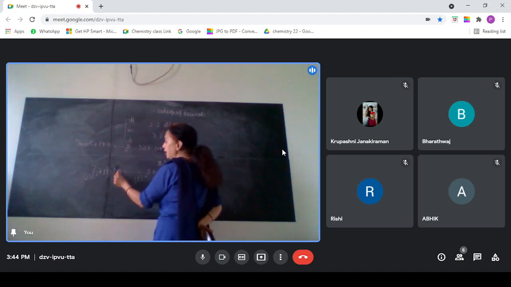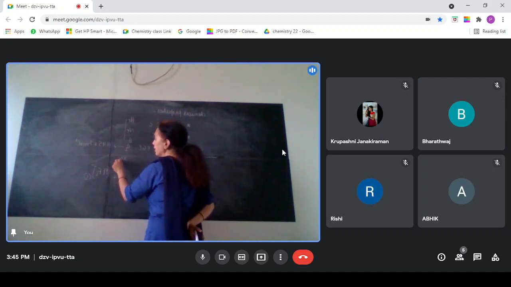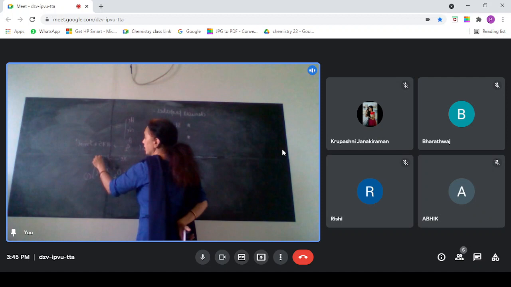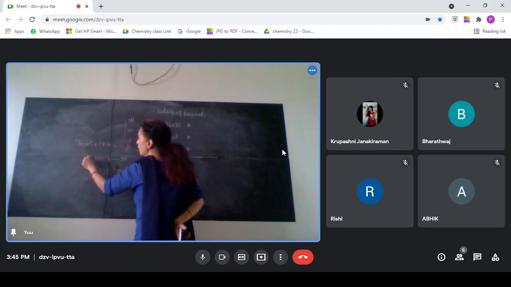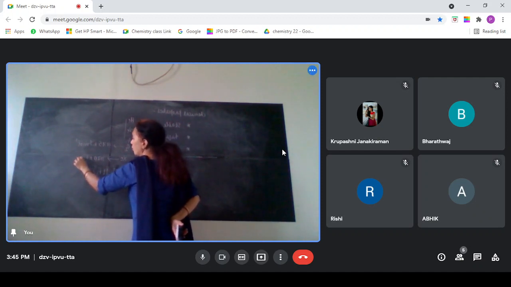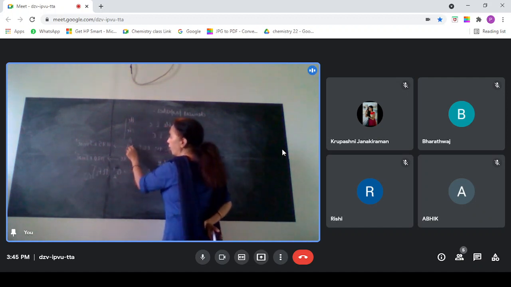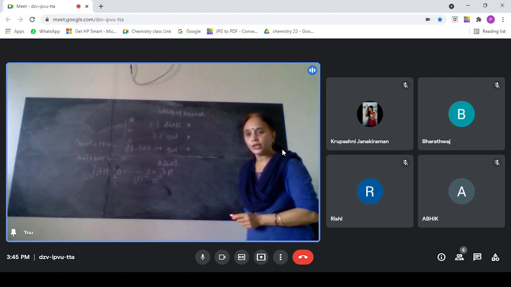So when he observed that, he found that xenon ionization enthalpy is comparable to the ionization enthalpy of oxygen molecule.